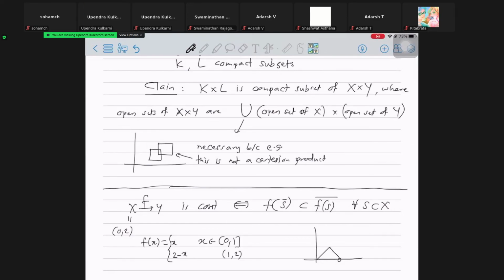I think I got the function wrong. I wanted to take the same line, y is equal to x, and just flip it in 0 to 2. Okay, so this is what you want to do.